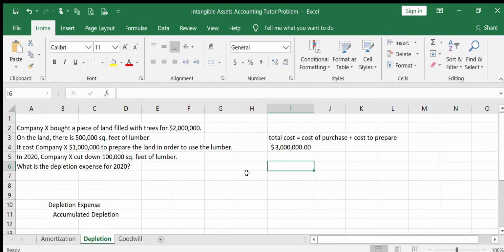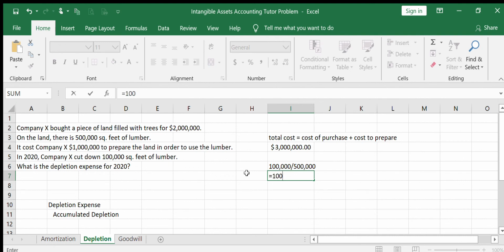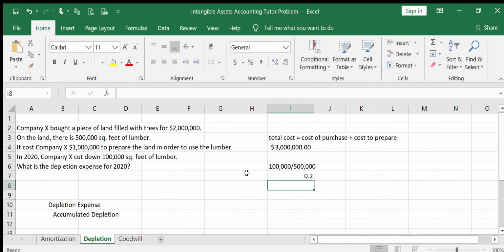So how we can do that is we can do 100,000 divided by 500,000, and then we'll put that into Excel. There we go, and so that is 0.2 or 20%. Alright, so we depleted 20% of the land.